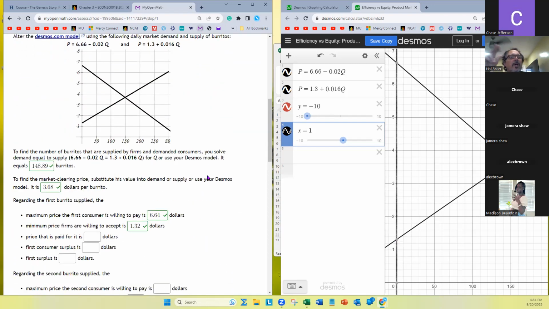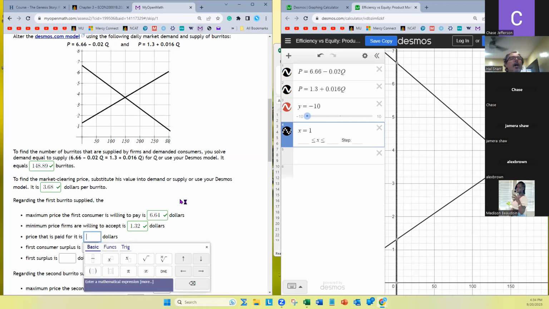So did everybody get the correct answers there? All we're doing is making X equal 1 because we're supplying only one burrito at this point. And we're reading the price off the demand curve, and we're reading the price off the supply curve. Everybody got that? Any questions on that? No questions? Okay.